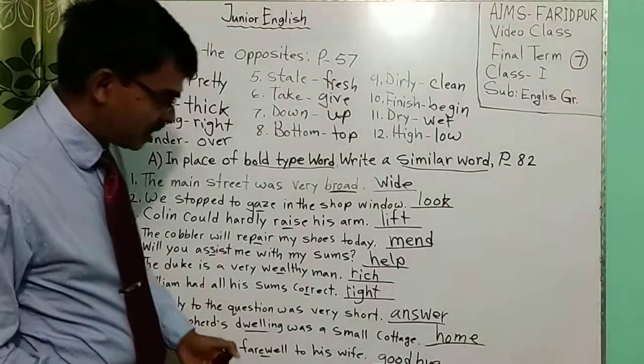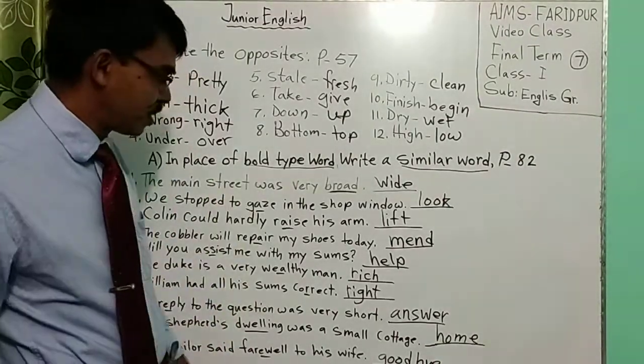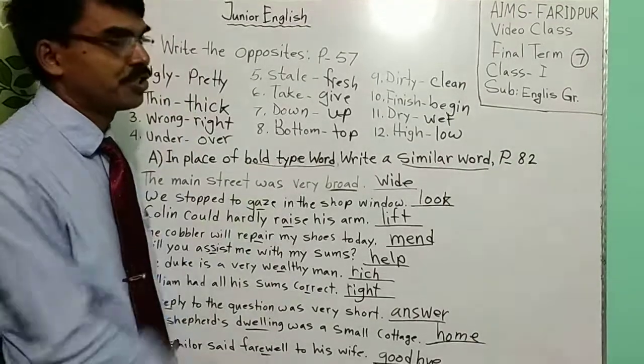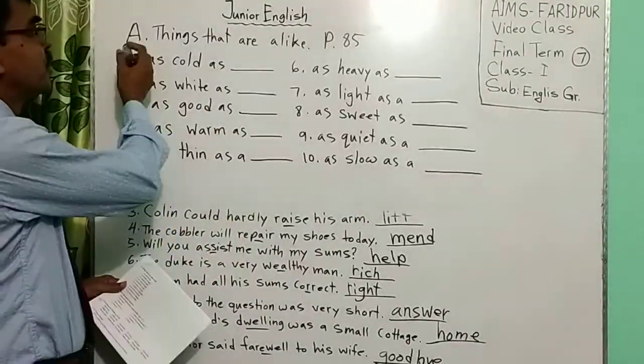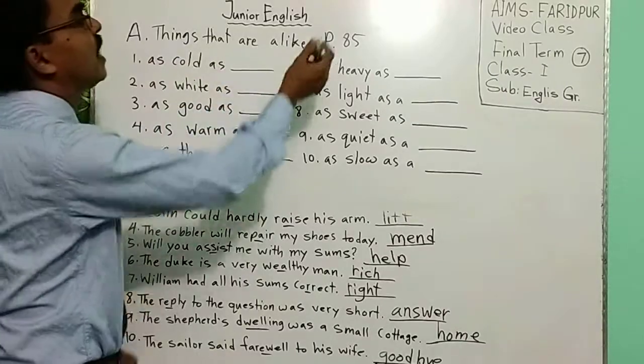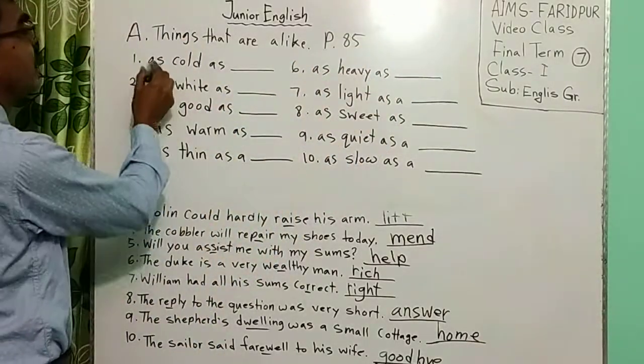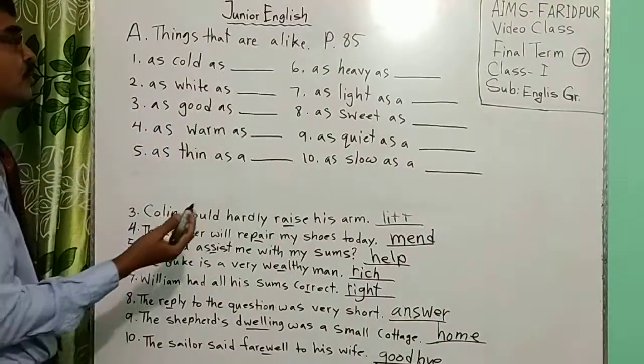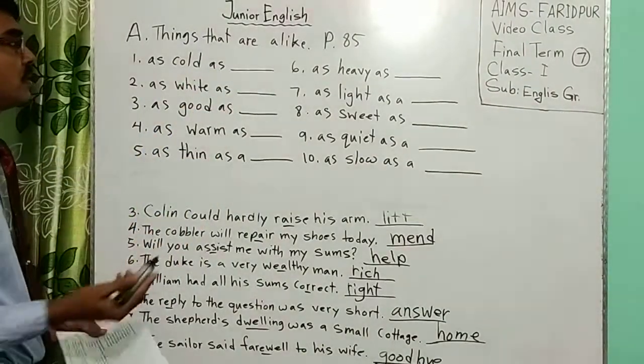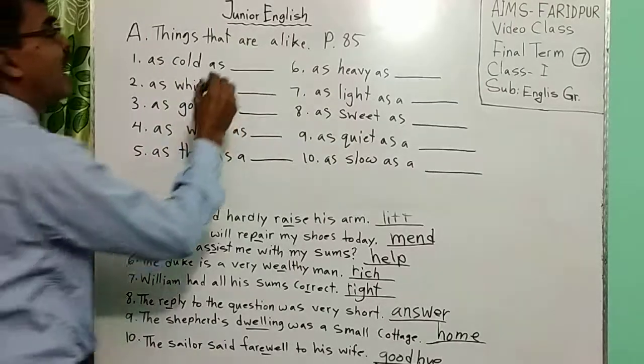Okay, so let us complete this section. Let us go to another section. Section A, things that are alike, page number 85. Here, as cold as. Like what? Cold like ice.